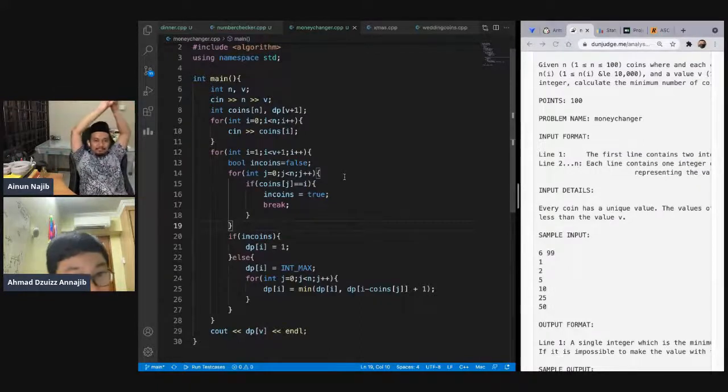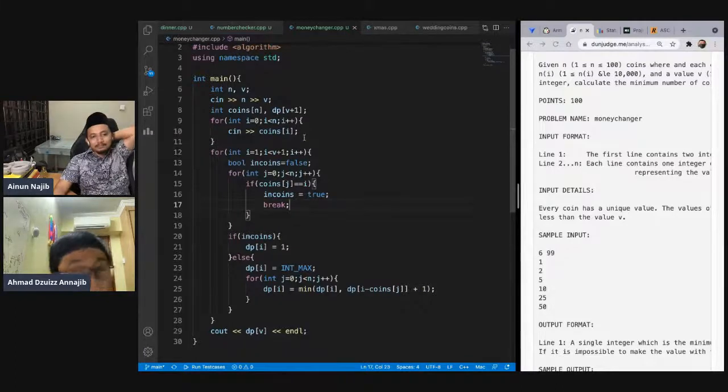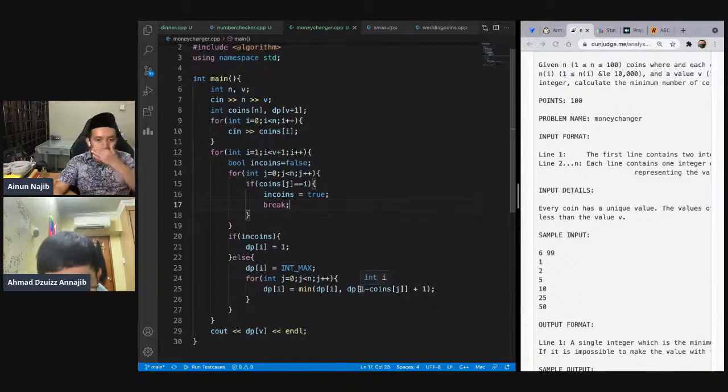You haven't handled DP0. Your DP i minus coin, because i minus coin could be negative, right? You haven't handled i minus coin. You have to make sure that i minus coins is not out of bound, right? Okay, got it.